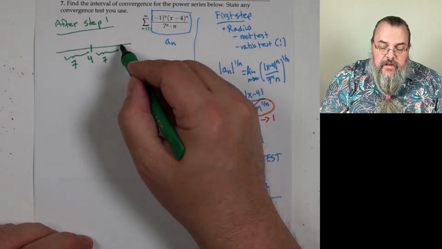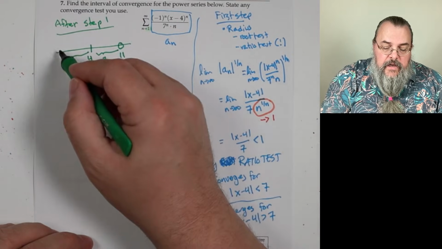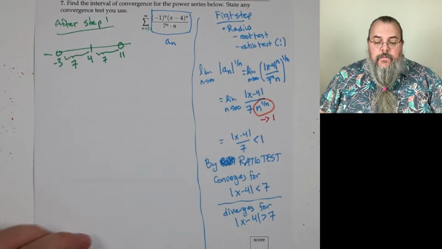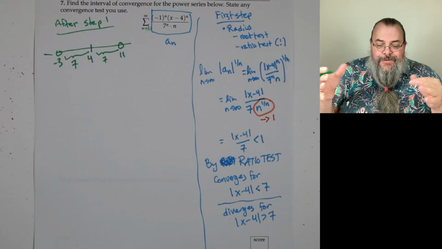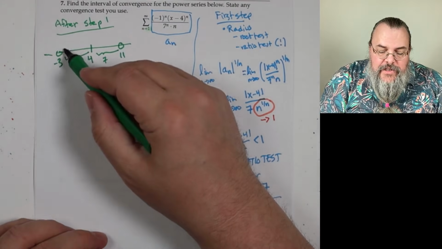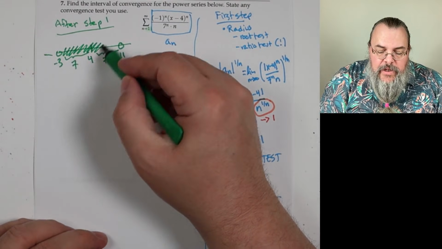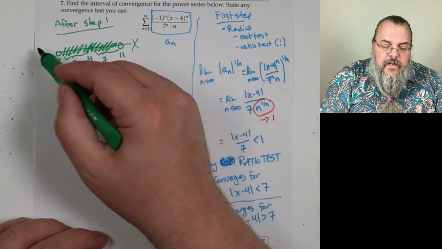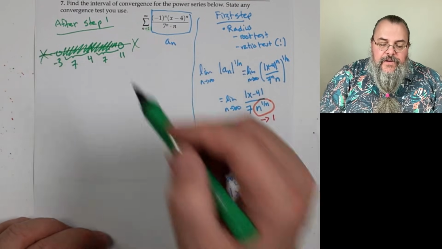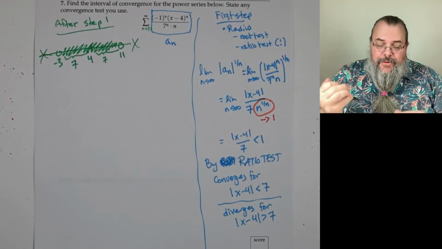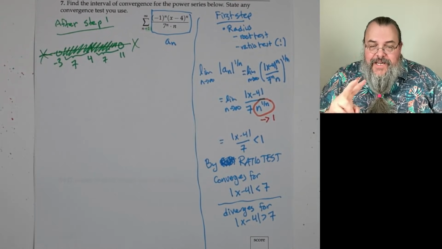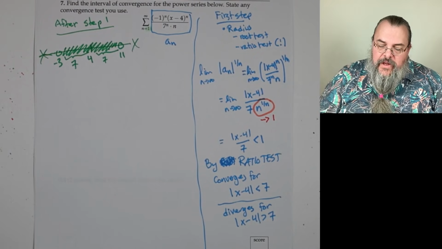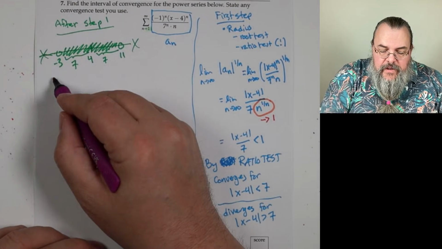That'll get us to 11 and negative 3, right, 4 plus 7, 4 minus 7. We are good to go in between. We know we are not going to converge out there. So that leaves us with the endpoints. So that's our second step. Step 2.